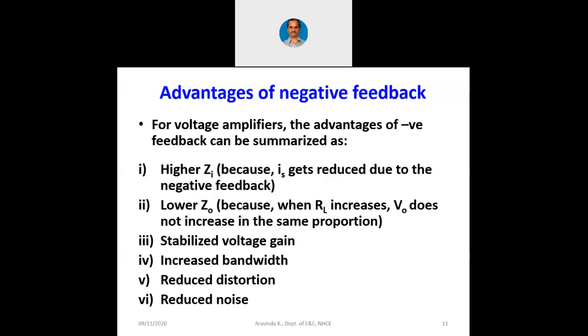So that way you can see that even though gain is reduced, there are these six advantages. Same way, for those people, only the financial income or the influx of money is reduced, but they will have many other advantages in their life.